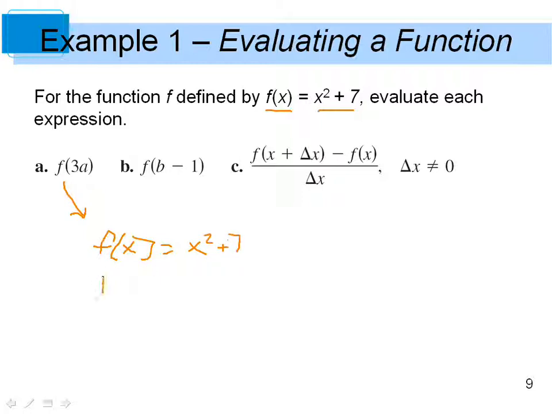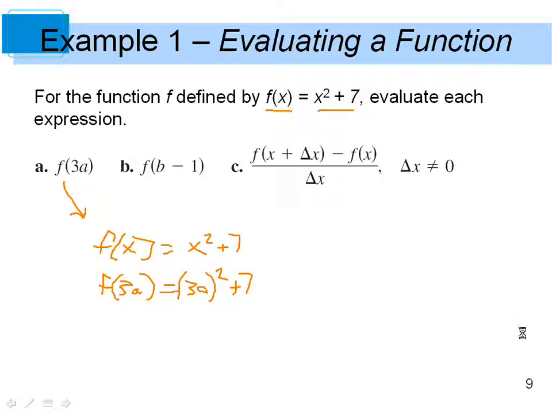And so for f of 3a, everywhere I see an x, I'm going to replace it with a 3a. So f of 3a is going to be equal to the quantity 3a squared, make sure you get that parentheses in there, plus 7.